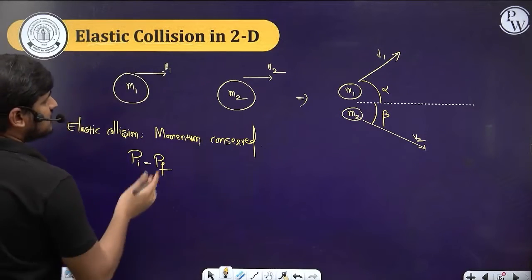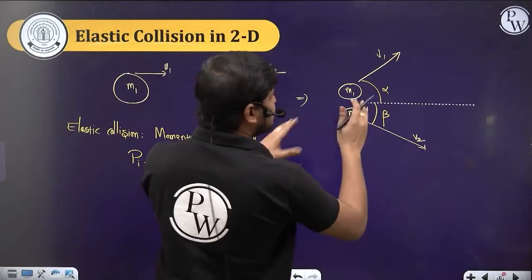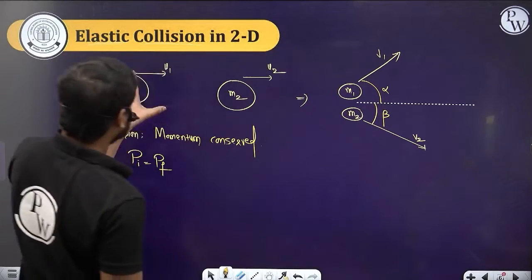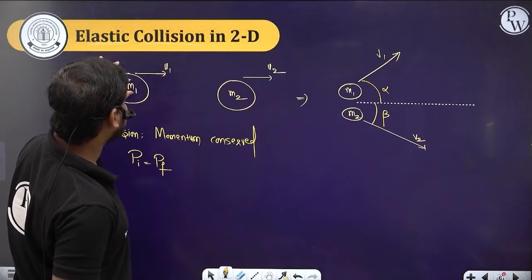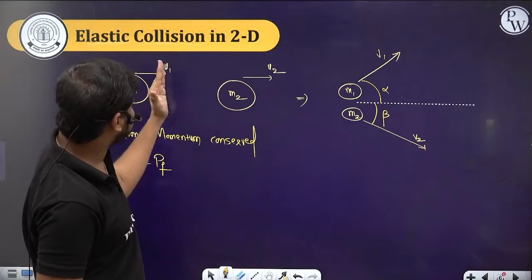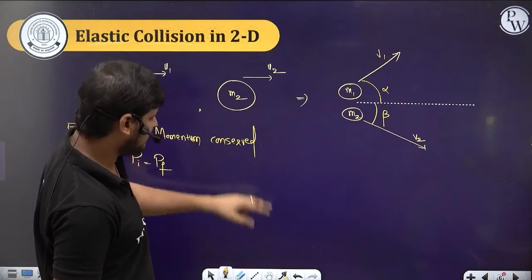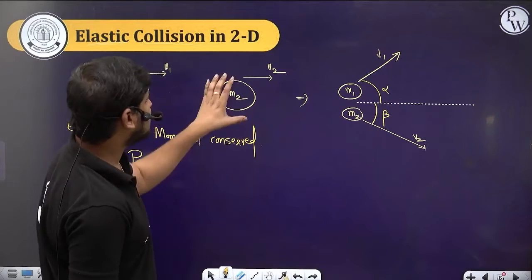But here the momentum will be there in the x direction and y direction after the collision. Initially the momentum is there only in the x direction, because particle m1 is moving with u1 velocity in the x direction, and particle m2 is moving with velocity u2 in the x direction.